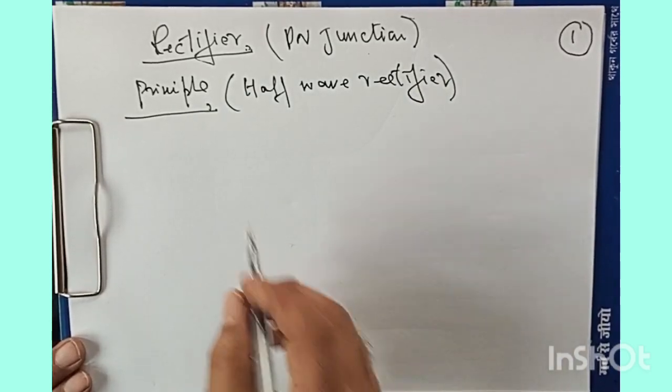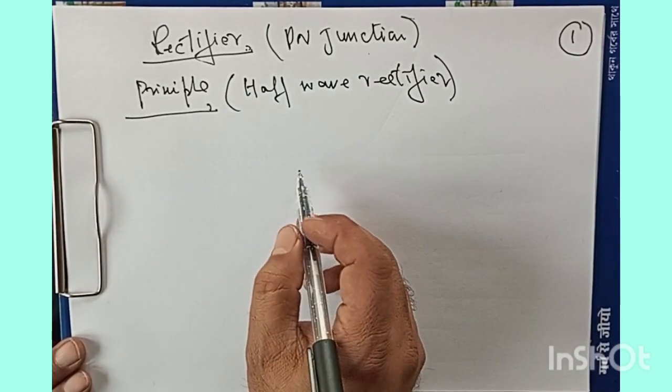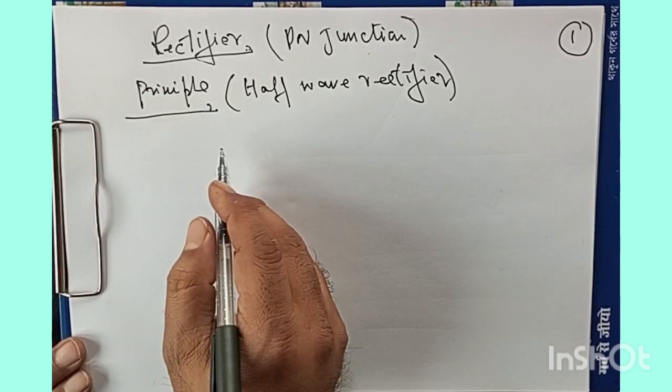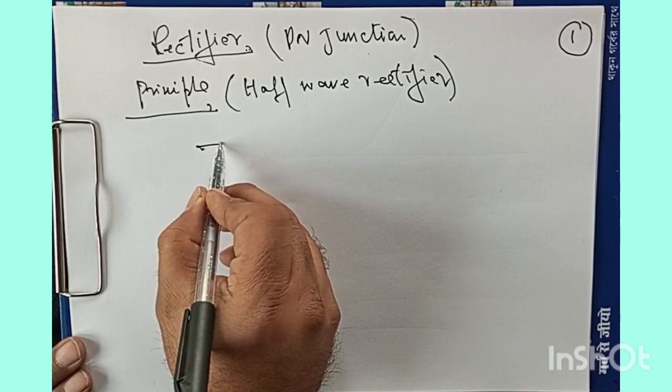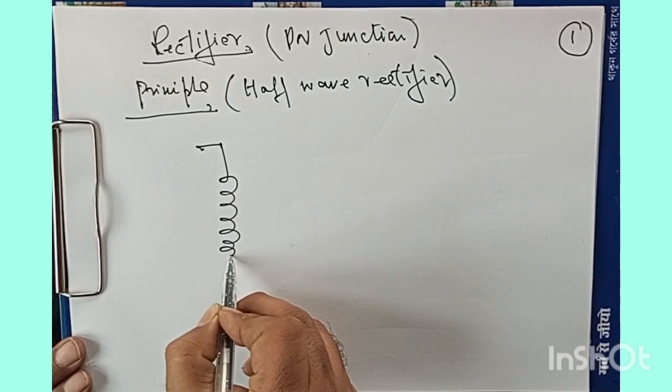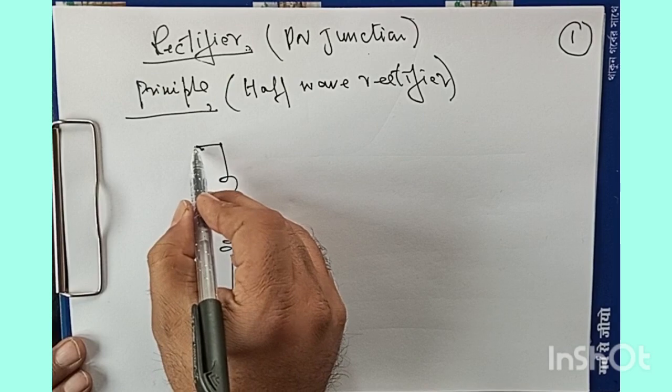And to proceed, the best thing is to go with the circuit diagram. What we have here is a transformer. This is the primary coil of the transformer.